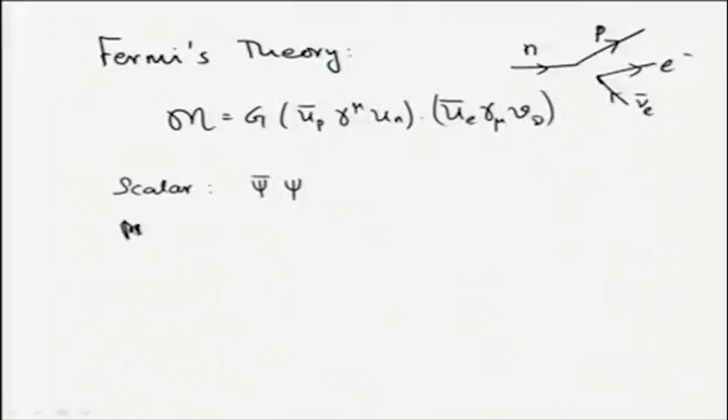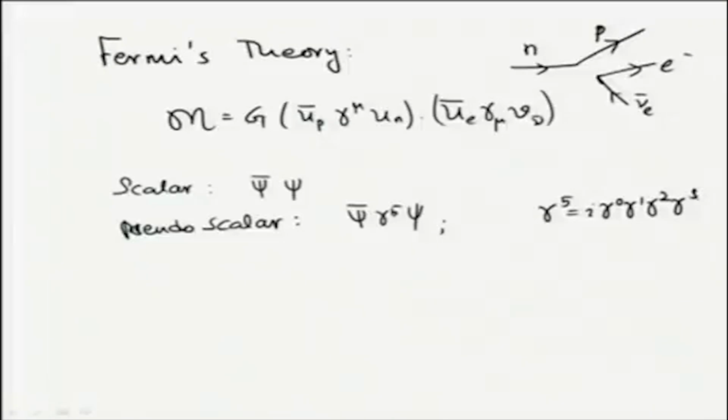We can actually have a pseudo scalar. By pseudo scalar we mean something which changes sign under parity. So, it is psi bar gamma 5 psi, where we define gamma 5 as i gamma 0 gamma 1 gamma 2 gamma 3, the product of all the 4 gamma matrices multiplied by an i.